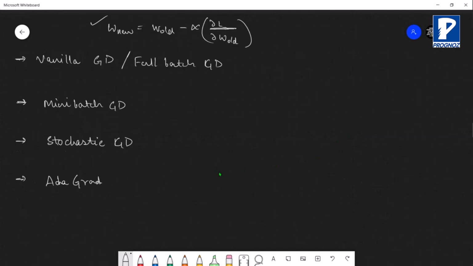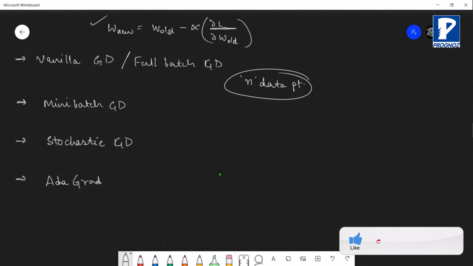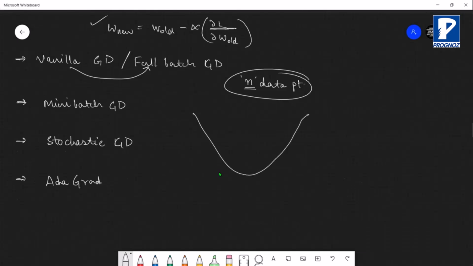Now we know that if I'm talking about vanilla gradient descent, and let's say there are n data points. It can be 10, 20, 50, 100, anything can be there. Whenever you are talking about vanilla gradient descent, because it is a full batch gradient descent, the entire n number of data points are going to be considered, and this minima curve that you create is so as to reach the lowest possible position.